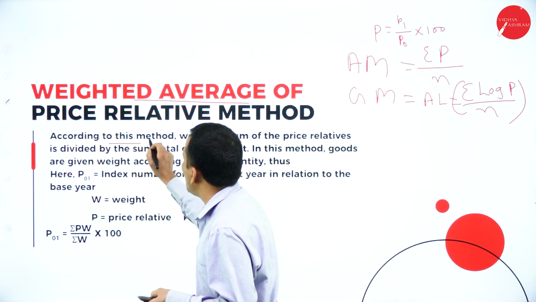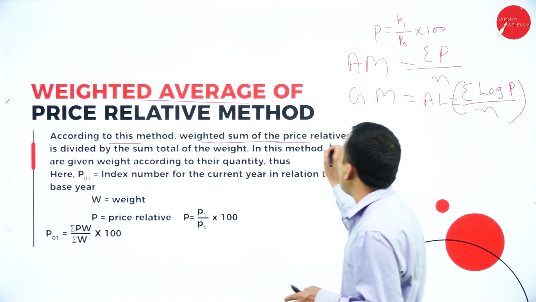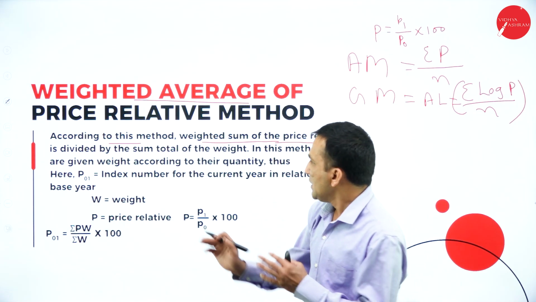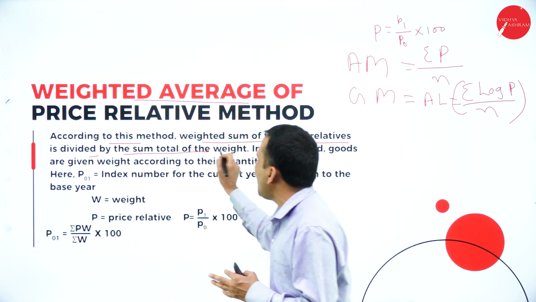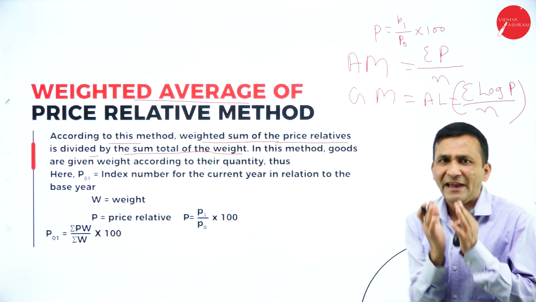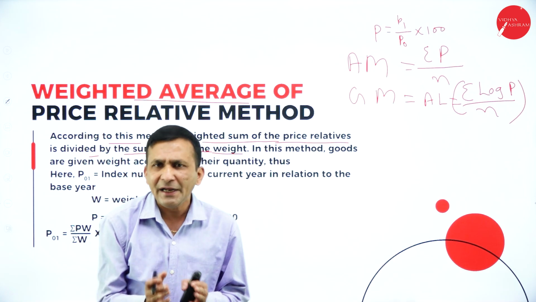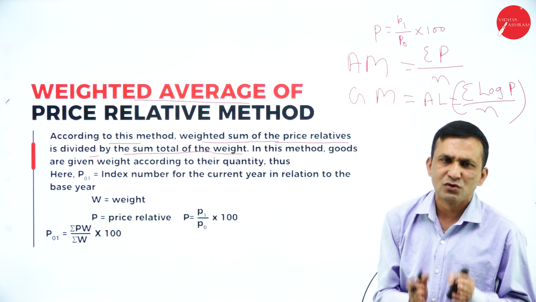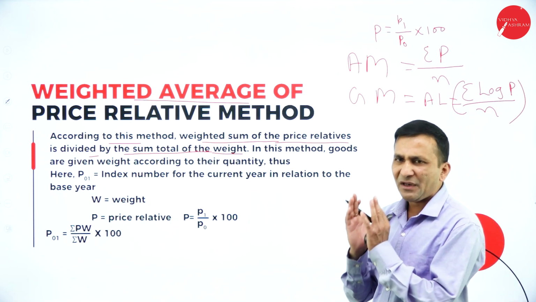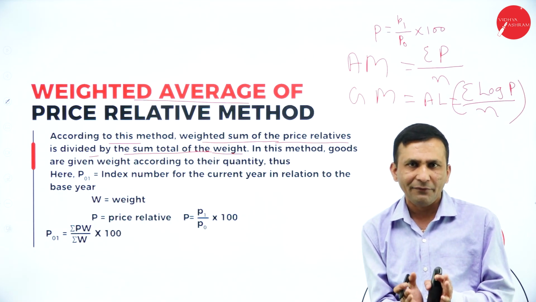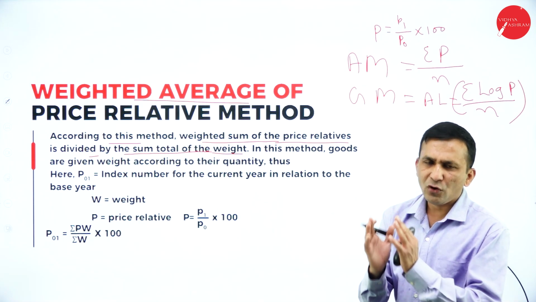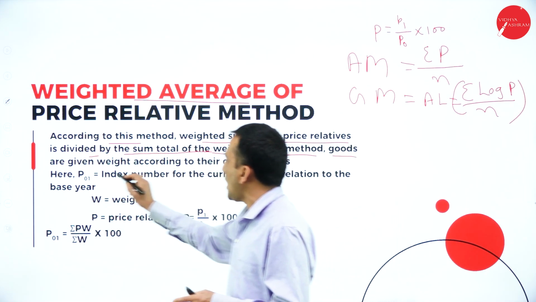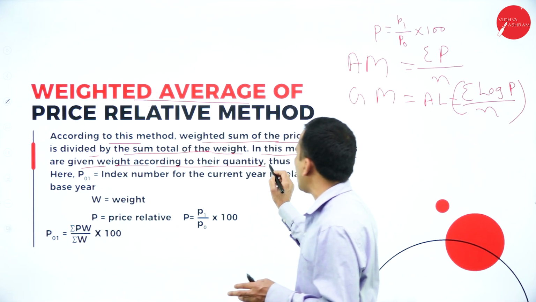According to this method, we take the weighted sum of the price relative, because we are doing the price relative method, divided by the sum of total weight. Whenever you are taking items like a commodity, we assign a weight to individual items. In this method, the goods are given weight according to their quantity.